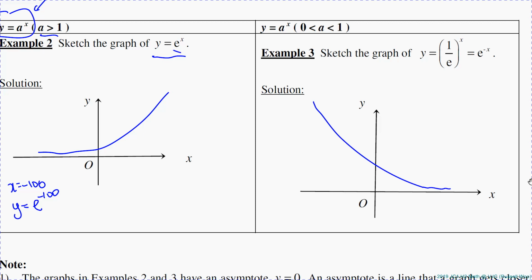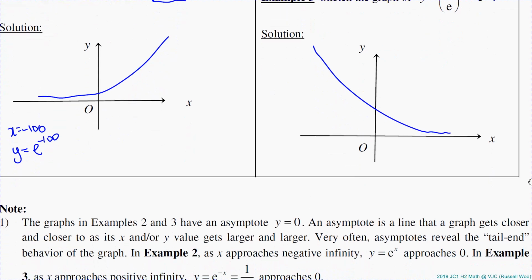Good. Now, focus on a few things. The graph has an asymptote y equals to 0. That means y equals to 0 is actually the x-axis. What do we mean by asymptote?